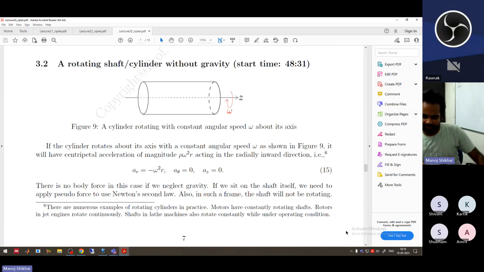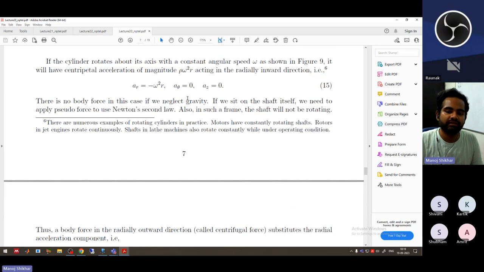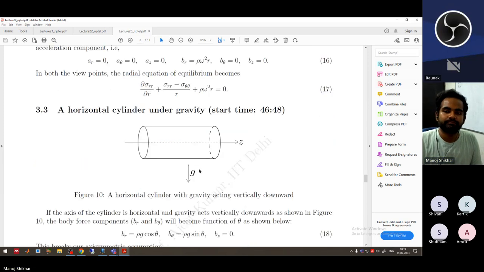Let us denote that by phi because we are already using alpha for something else. Then A theta would have been phi into r, where phi is the angular acceleration of the body. If we substitute that, we will get this equation.